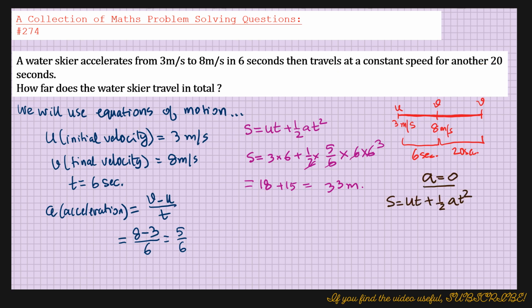And the acceleration a is 0 because the initial velocity equals the final velocity, which is also 8 meters per second. So you see the acceleration is 0, and therefore in our formula to find the distance, s equals ut plus half at squared, half at squared would be 0, and s would be 8 times 20, because 20 is the time and 8 is the velocity.